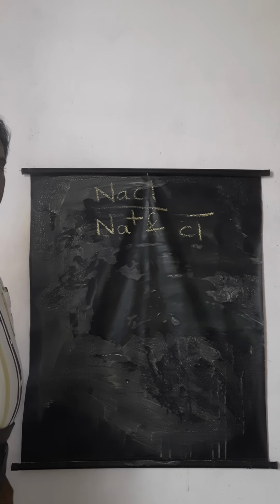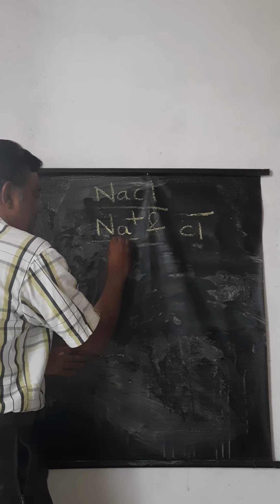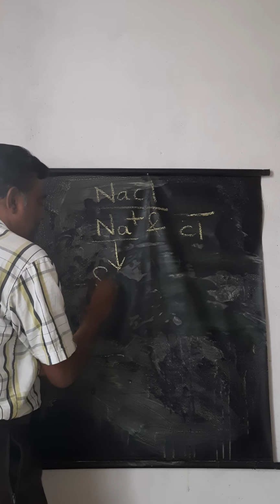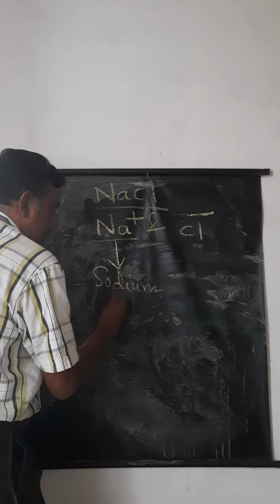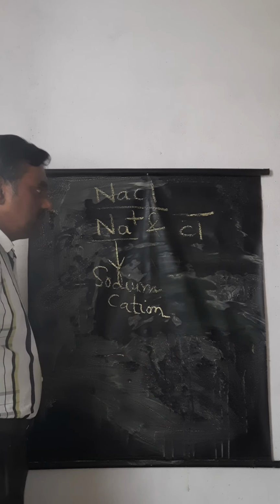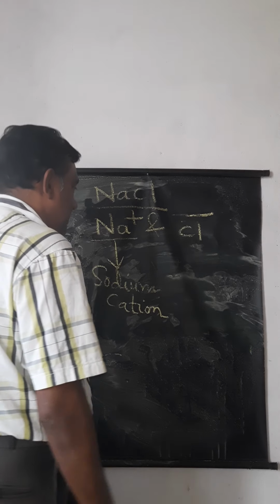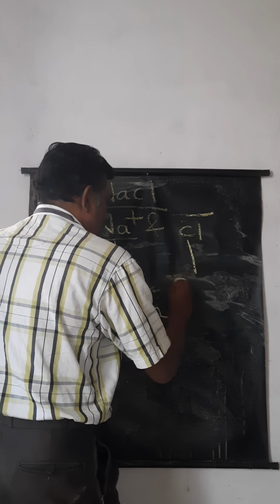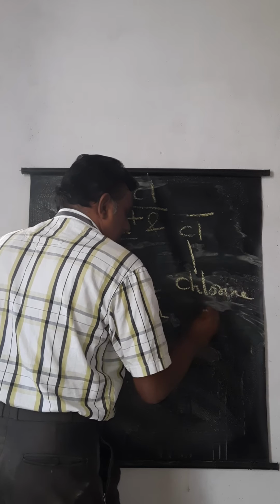I want to ask you one question. What is a positive ion called? It is called a cation, so this is the sodium cation. What is a negative ion called? A negative ion is called an anion, so this is the chloride anion.